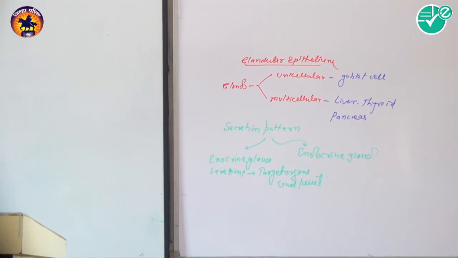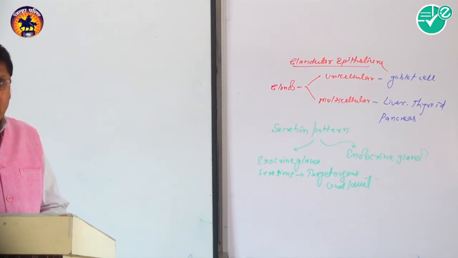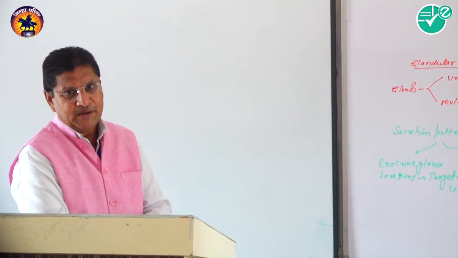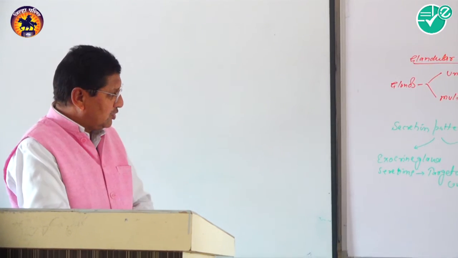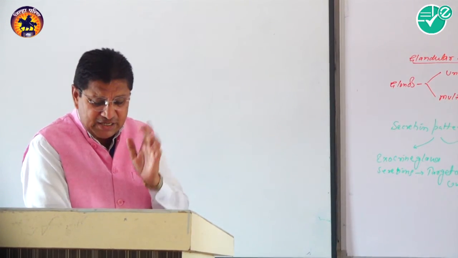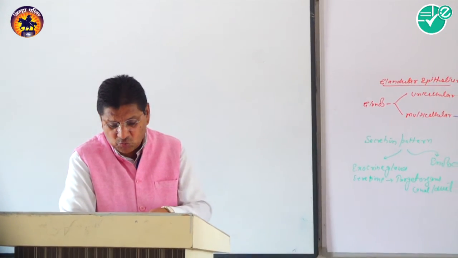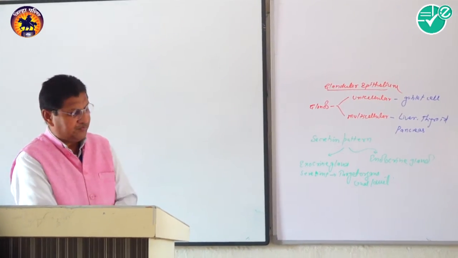This means the exocrine glands are the duct-bearing glands, while the endocrine glands are without duct.